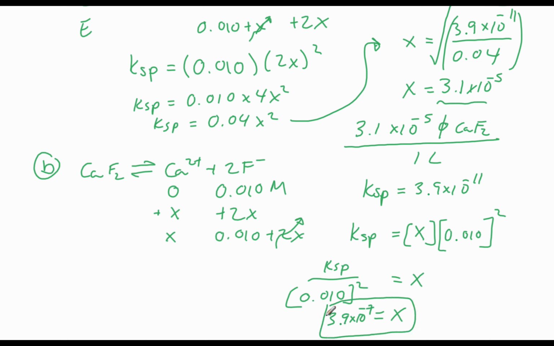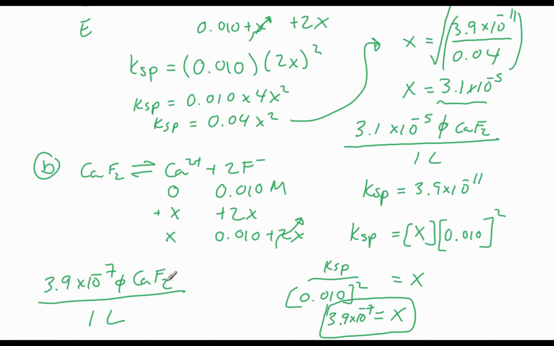Right? So the molar solubility in this case is going to be 3.9 times 10 to the negative 7th moles of CaF2 per 1 liter, which makes sense.